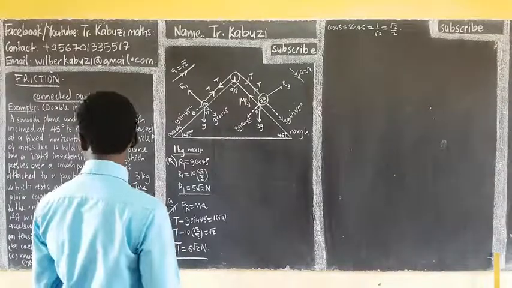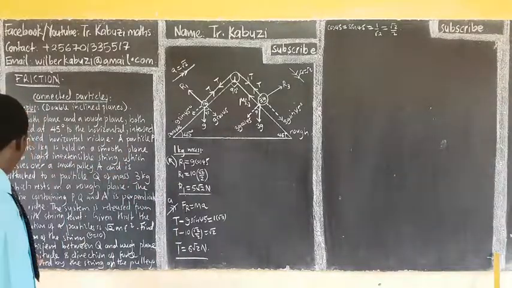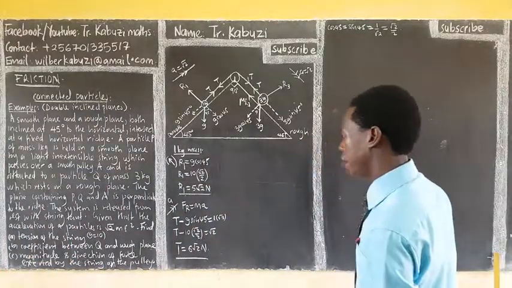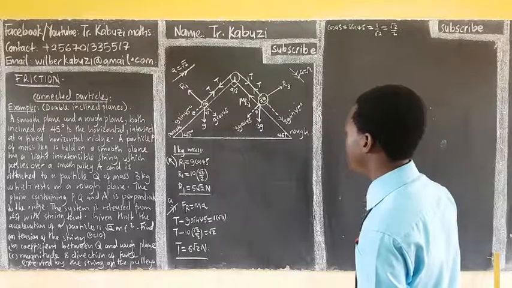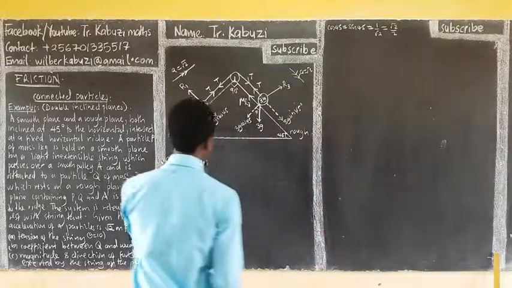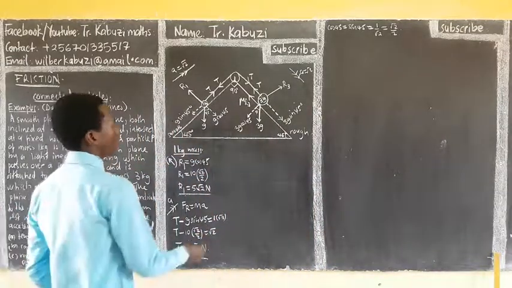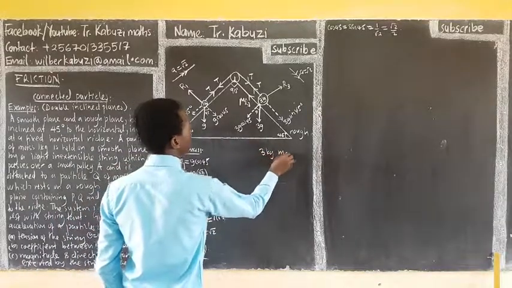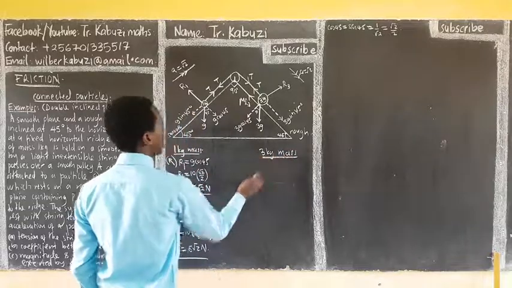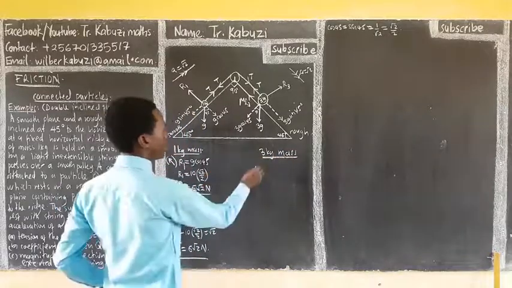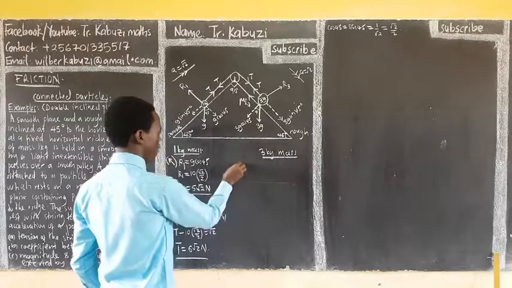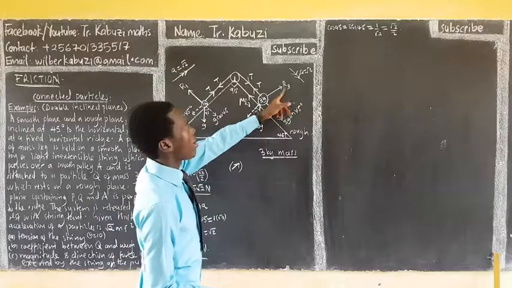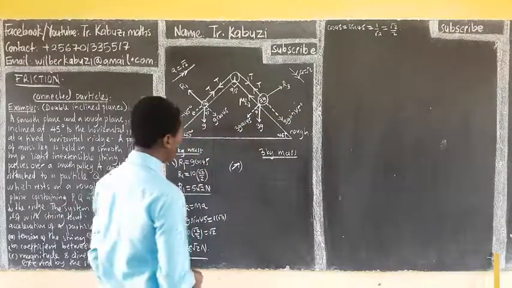Okay, so after doing that, I think we can still use some space here. Now we come to the 3 kilogram mass. What is our 3 kilogram mass? First of all, to start, we resolve the forces like this, because we always first get our R3.